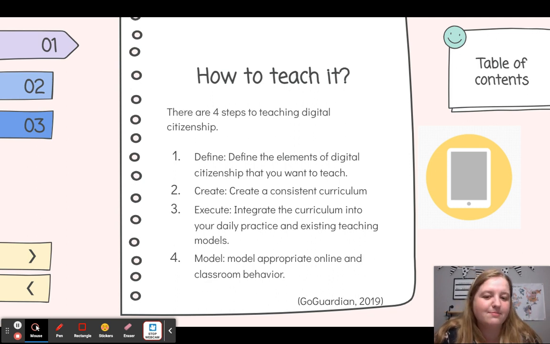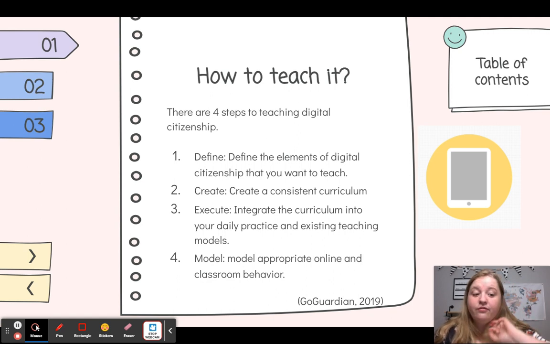And then the fourth one is modeling. And I think this is the most critical for K through 5 teachers. Well, really K through 2 teachers is modeling appropriate online and classroom behavior. As a teacher, my students look up to me.